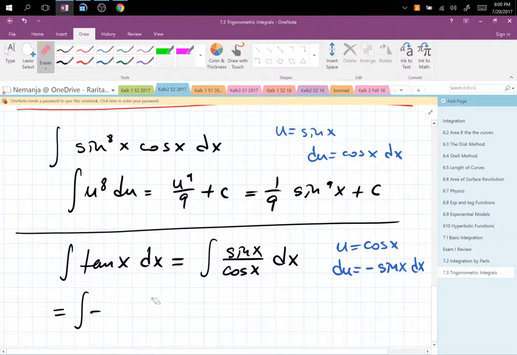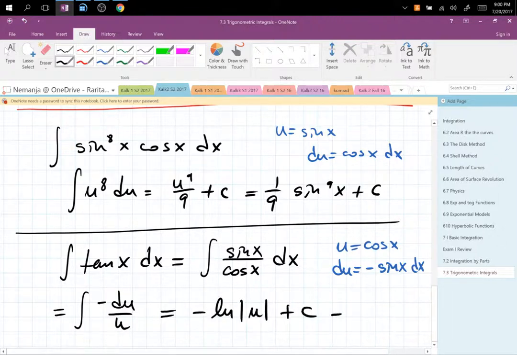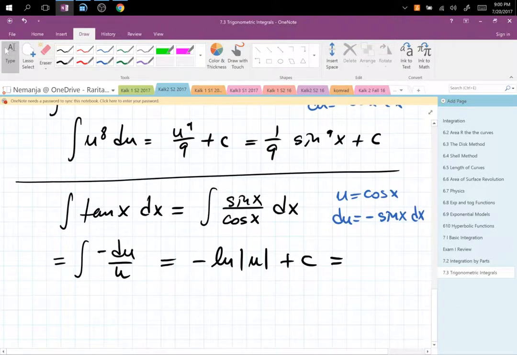Why are you saying negative? That's weird. So what's the integral? Plus c. So much enthusiasm. Minus ln of cosine x.